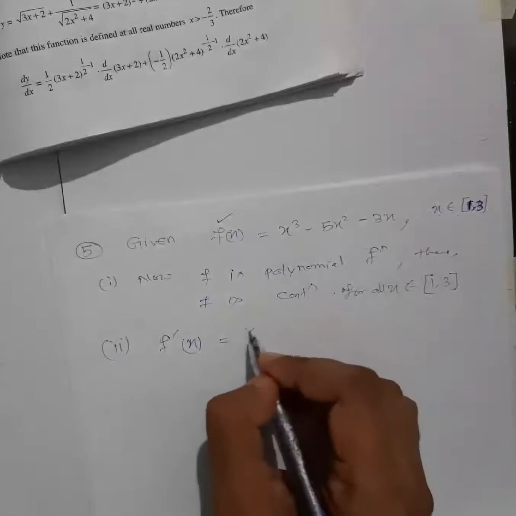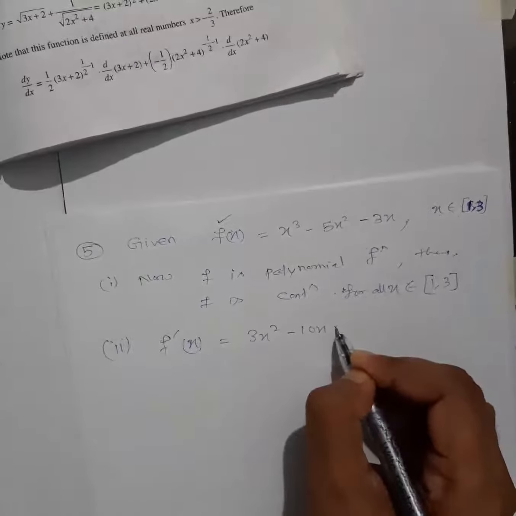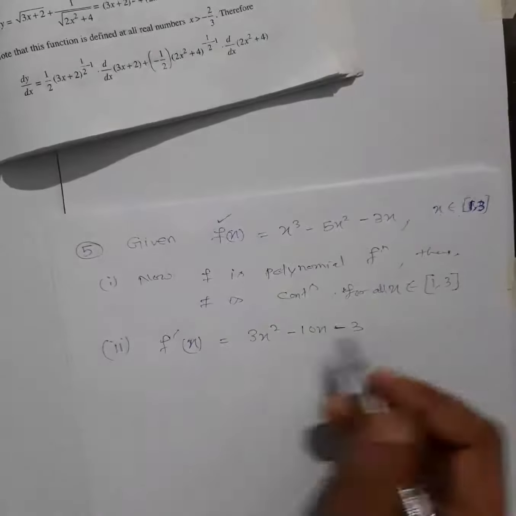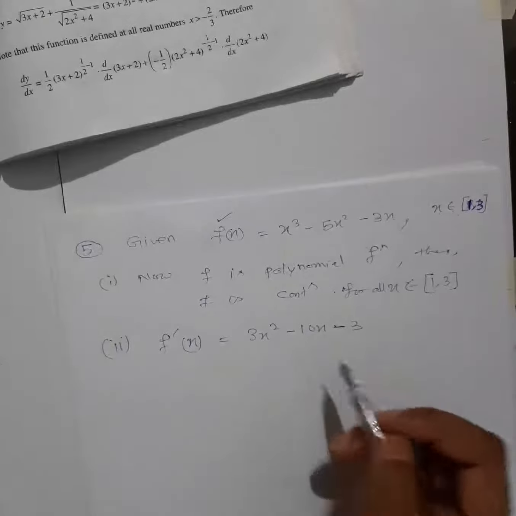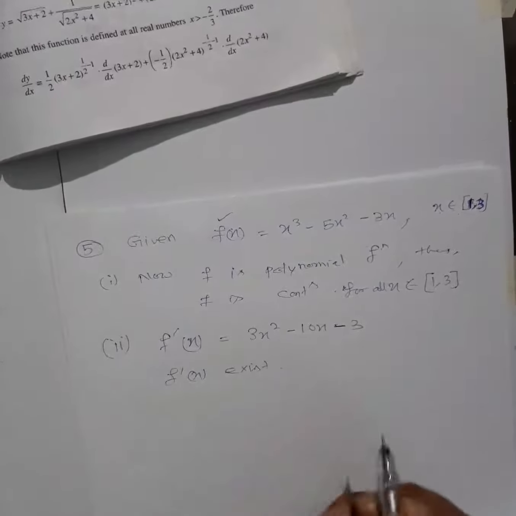Let's see. I can differentiate this easily, right? 3x square minus 10x minus 3. So this will be the differentiation of this. So we are able to differentiate, meaning f dash x exists.